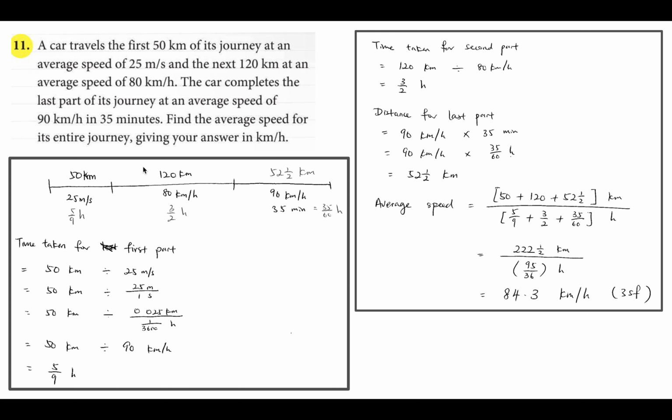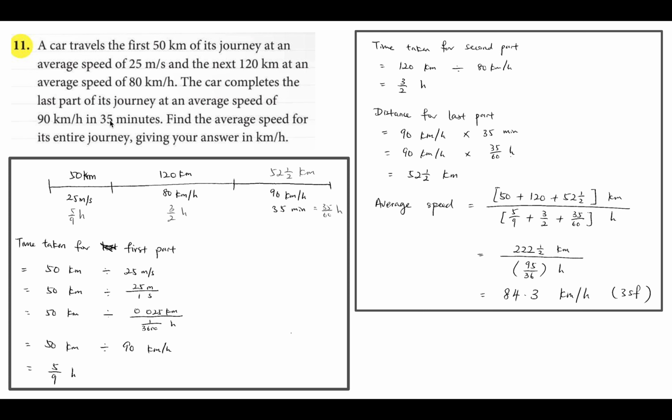Then for the next part of the journey, 120 kilometers, right? And the speed is 80 kilometers per hour. So similarly, we know that the time taken will just be 120 kilometers divided by 80 kilometers per hour. This time around, the units match up, so it's fine. We get 3/2 hours for the second part of the journey. And for the third part of the journey, do we know the time? We don't know, but we know that the speed is going to be 90 kilometers per hour.